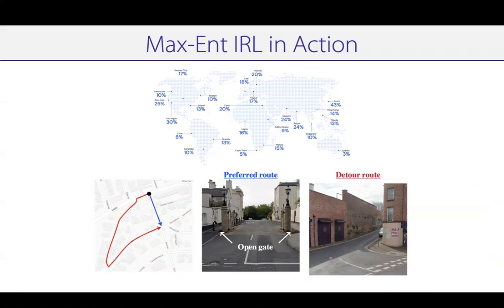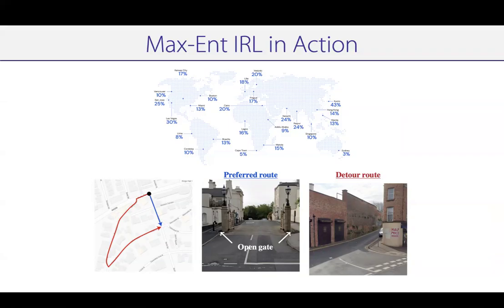You can see it's fairly significant, especially in Vegas and Kyoto. The bottom shows that they find paths that go through open gates and avoid really narrow streets, because they look at the preferences that people have for driving through those. So it does seem to work in practice.